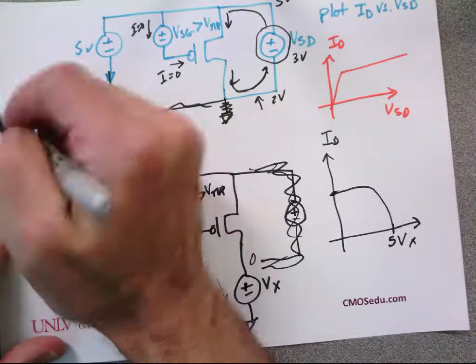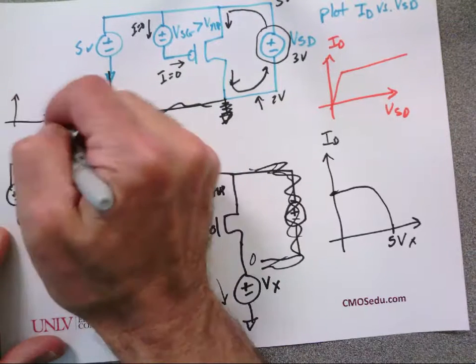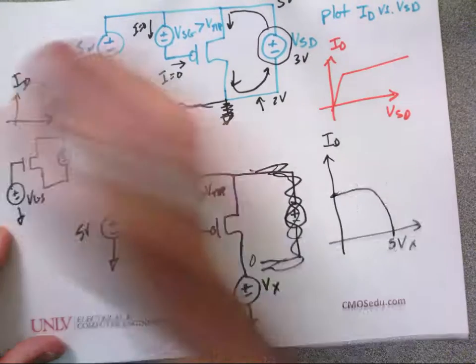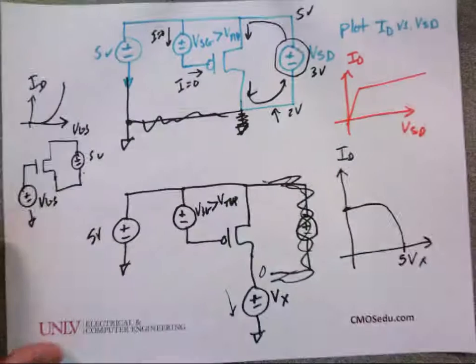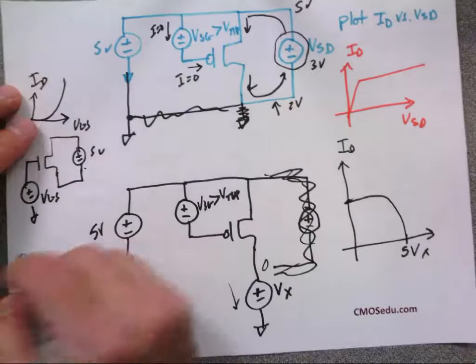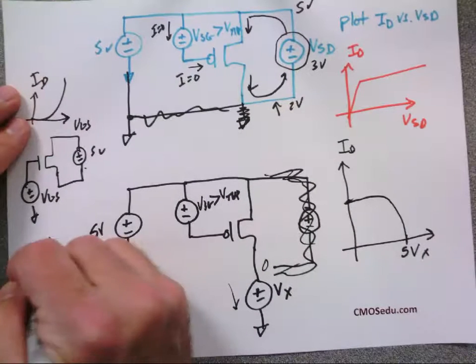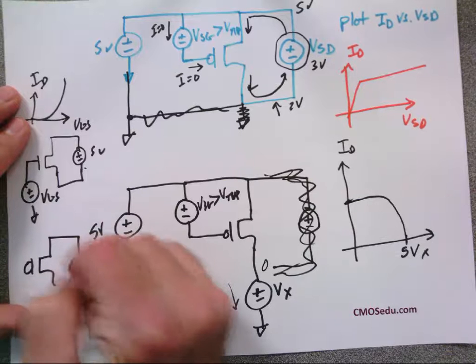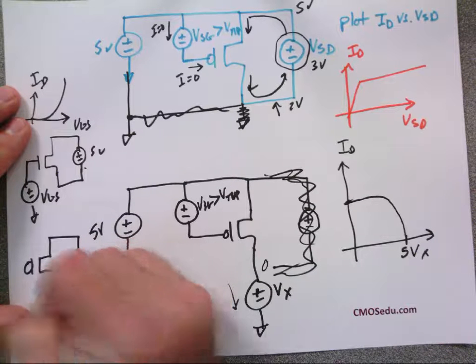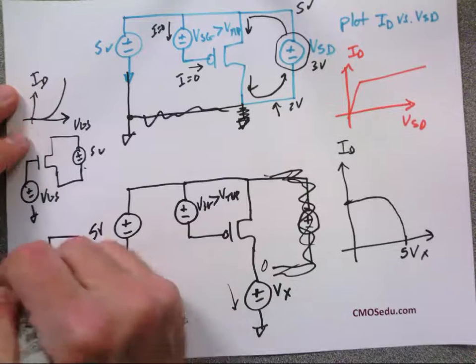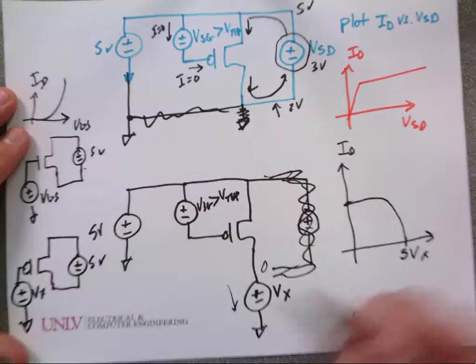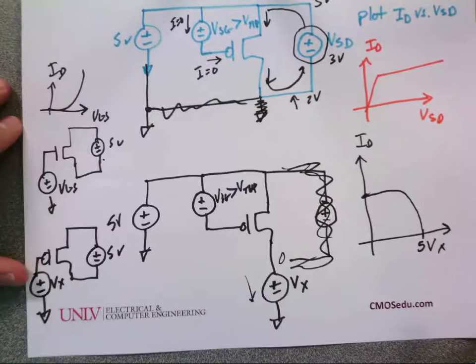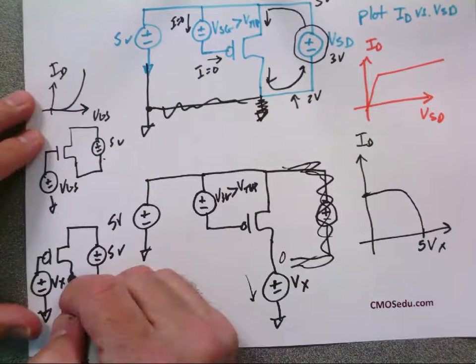What is this one if I plot ID versus VGS? Turn the valve on. Let me show you a variation of that. Let's say I ground right.